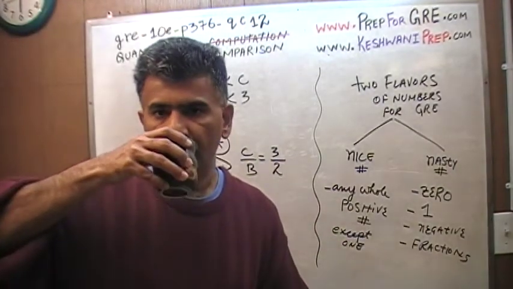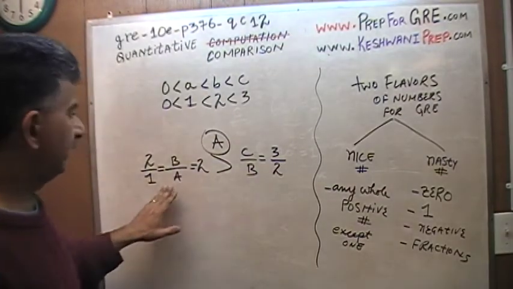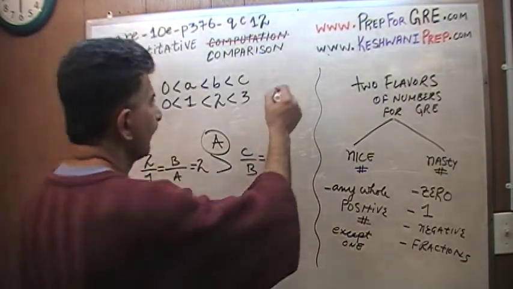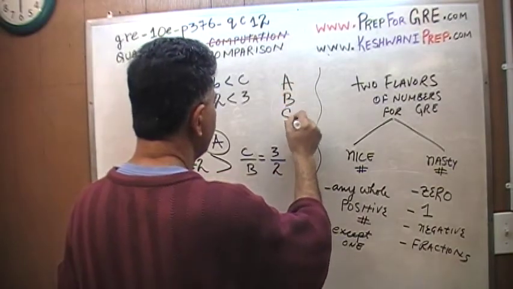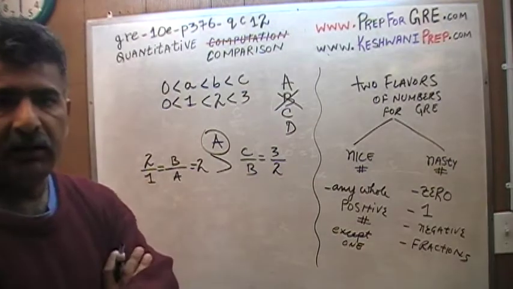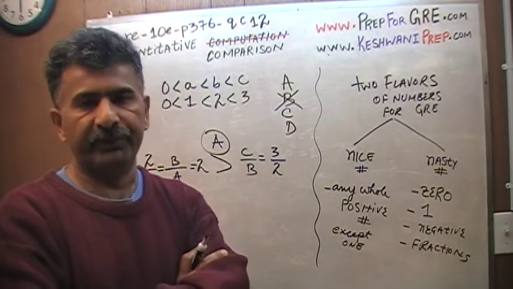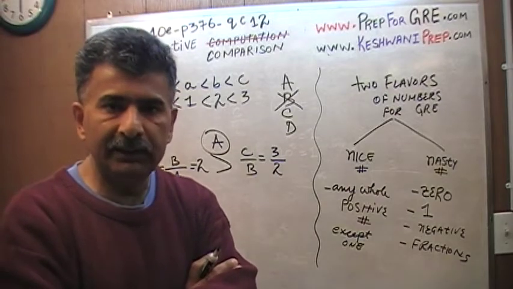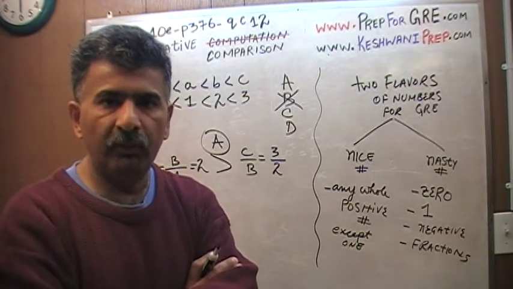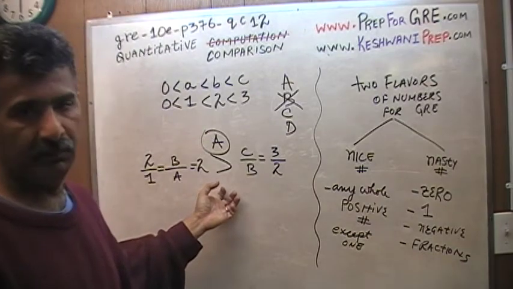Well, we have found one instance where the quantity in column A is bigger. If the quantity in column A is bigger in one instance, that tells me that the answer cannot be B, because B would have meant that the quantity in column B is always bigger. But it cannot be always bigger because we have found one instance when it is not.